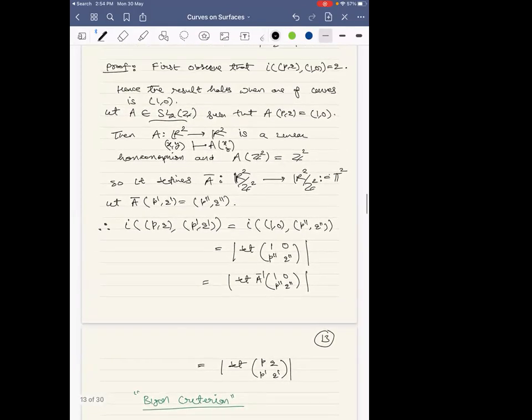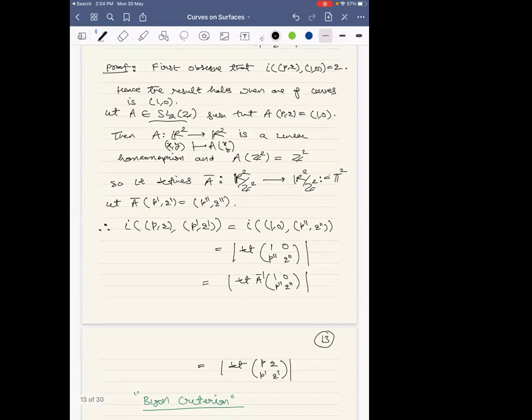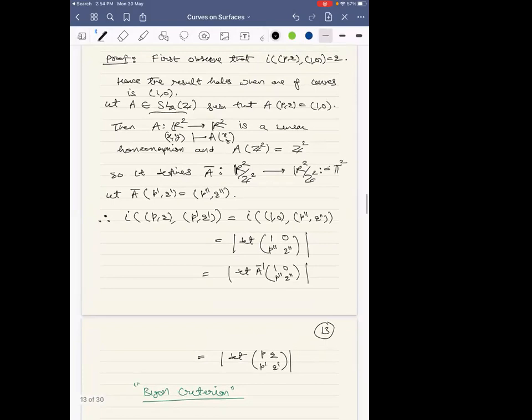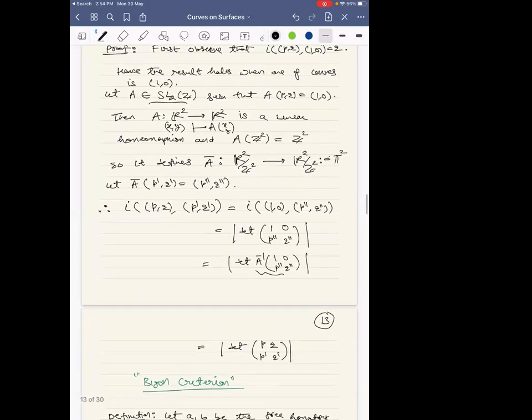If there is something which is not clear, or some elaboration is needed, we can discuss this in the tutorial session. But the essential idea is that if A is an element of SL2Z, the determinant of AB is the determinant of A times the determinant of B, and so this translates to what we want, the intersection of the original curves.